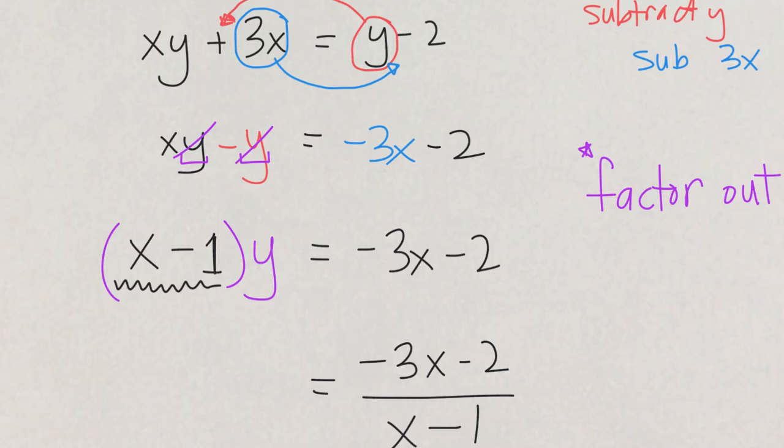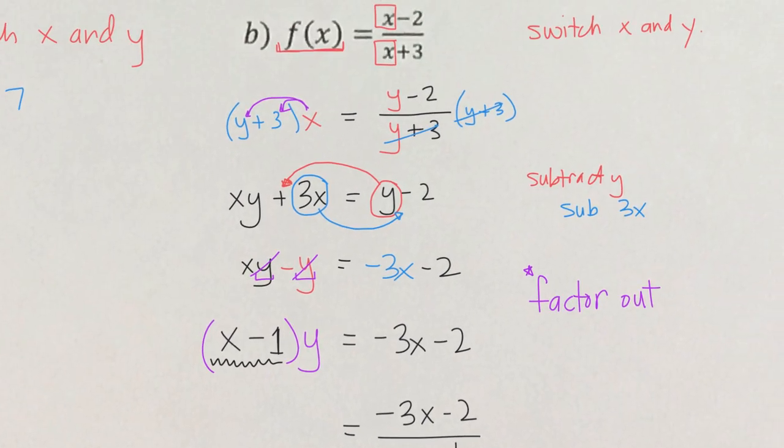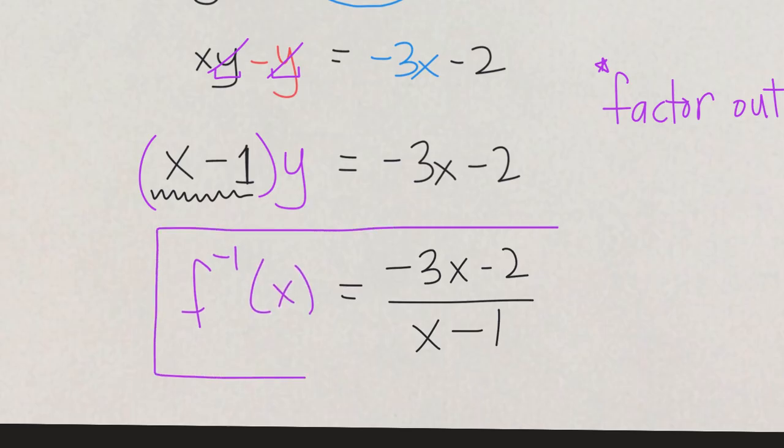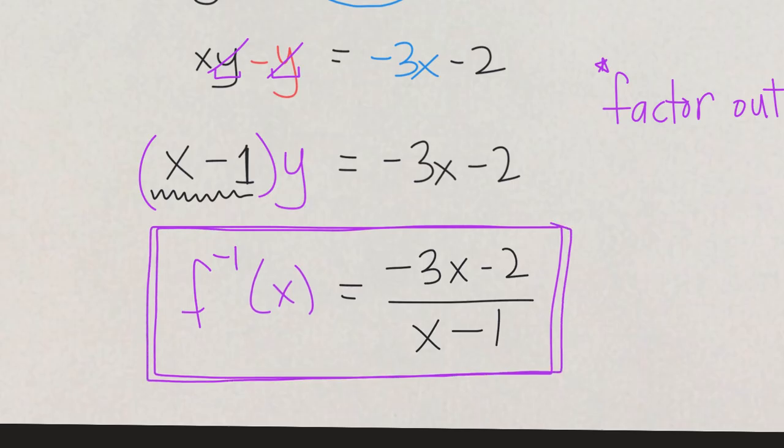But we don't want to have y anymore. We started with an f in our problem, so we have to end with f in our answer. And it's f inverse, because this is the inverse equation for the f that we started with, right? It has to be something different when we have manipulated it.